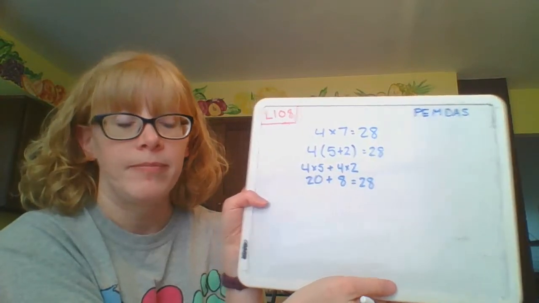28. So on your worksheet at the bottom, there are 4 problems, and they're using distributive property in 2 different directions. So first they give you 5 times 2 plus 10.